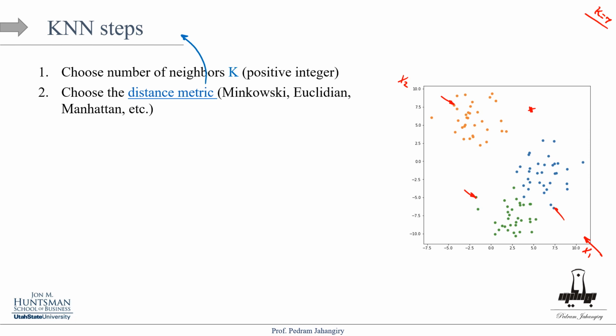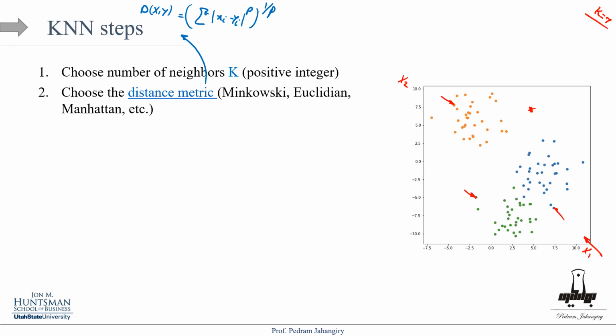Let's say we're talking about the Minkowski distance metric. It is defined as d of x and y, where these are 2 points, x and y. It's defined as the summation of the absolute value of xi minus yi to the power of p, and then the entire thing to the power of 1 over p.